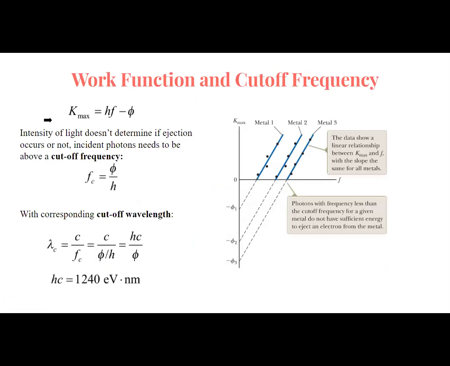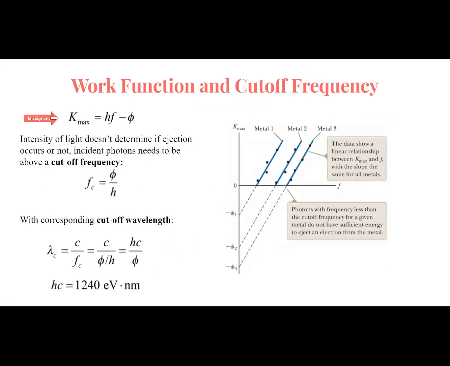You can figure that out based on the relationship between the kinetic energy of an electron and its work function, which basically says that at the cutoff frequency, you have just enough energy in the photons to just eject the electron. So all the energy goes into ejecting the electron, which means all the energy goes into overcoming the work function.